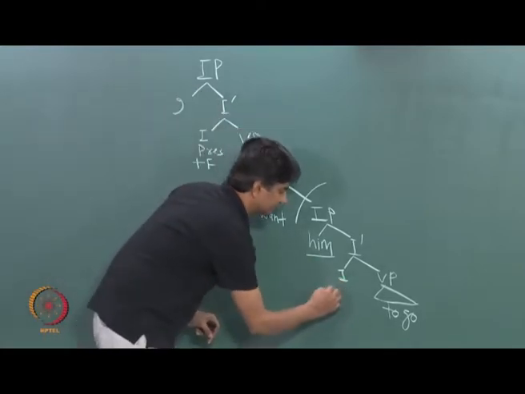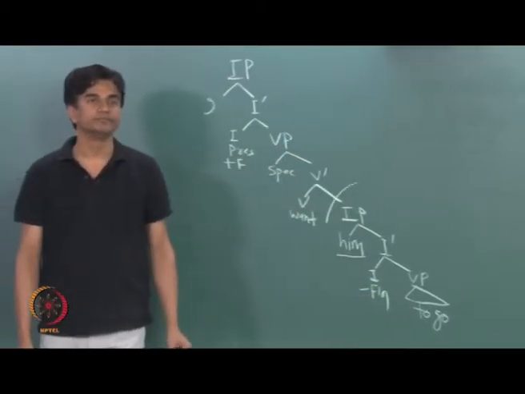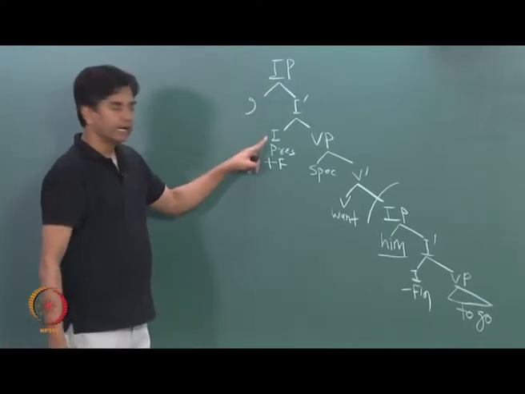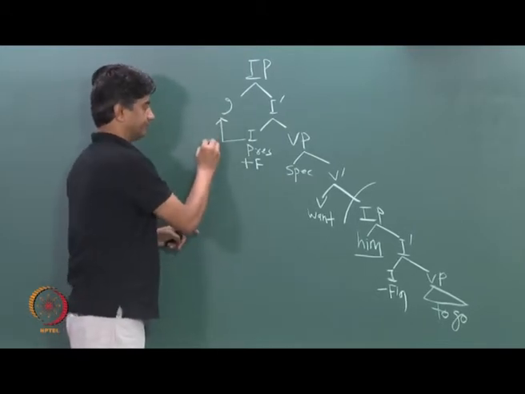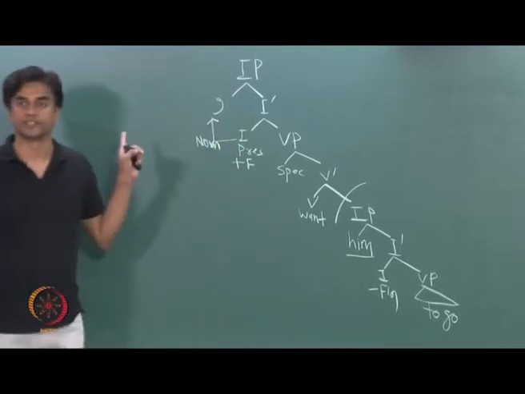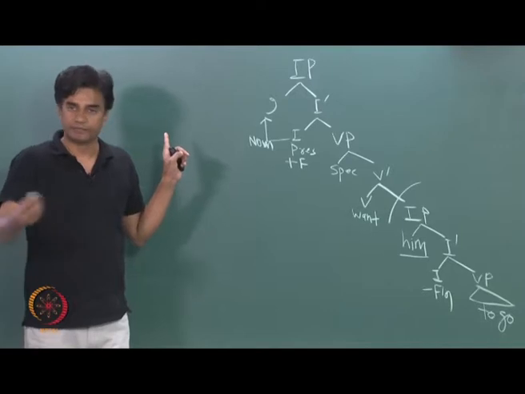Interesting thing is, this happens to be a non-finite sentence, right? Now, we are saying I assigns nominative case to the subject, right? See this thing? We have just discussed this thing.